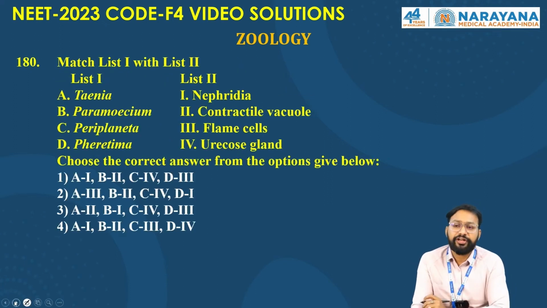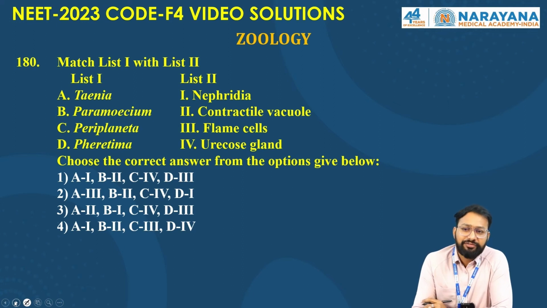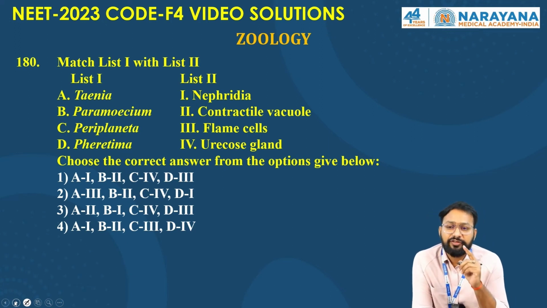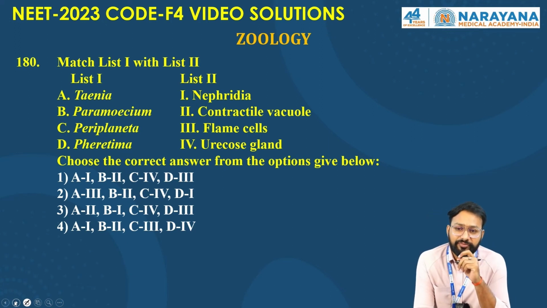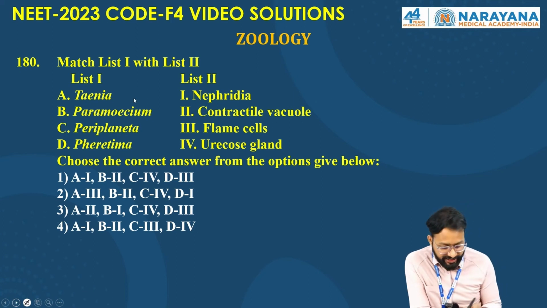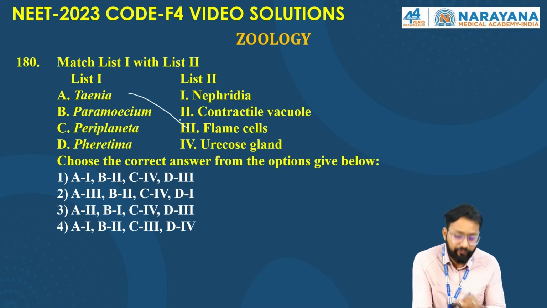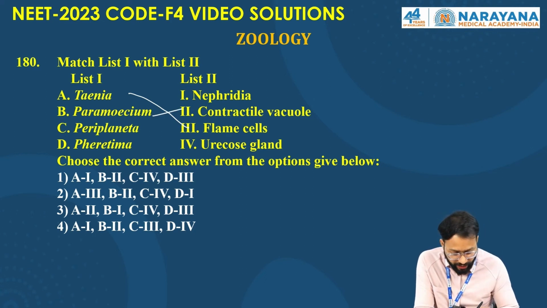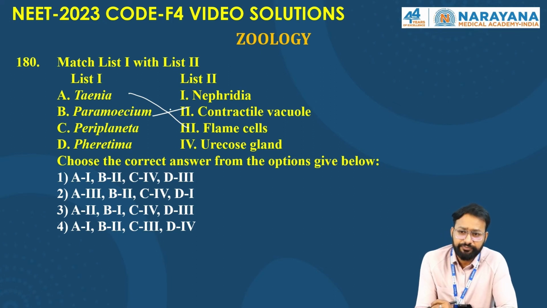Next, moving to the next question. Again, a match the following question related to the excretory structures. Right? Question number 180. Taenia. In case of Taenia, it is a flatworm. Right? In case of Platyhelminthes, excretion occurs with the help of flame cells. Paramecium, it is a protozoa where contractile vacuole helps in excretion. Periplaneta, it is cockroach.